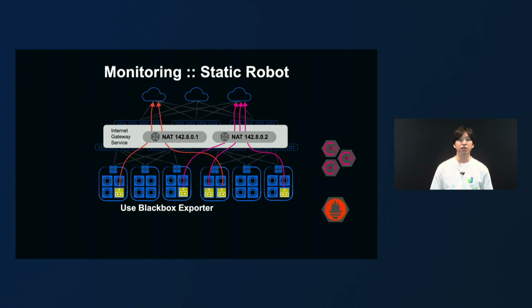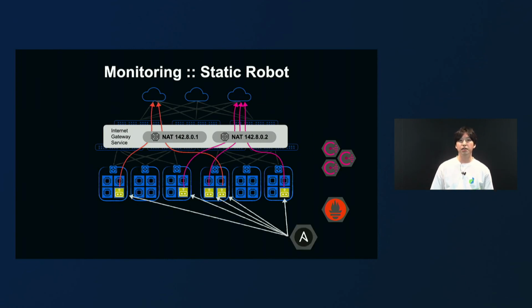The static robot also prepares multiple VMs with NAT configuration in each region, similar to the dynamic robot, to check whether connections are maintained by using blackbox exporter. Initial settings of a static robot are set up by Ansible.